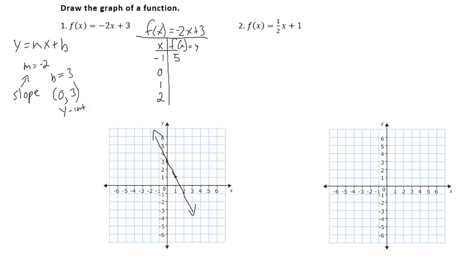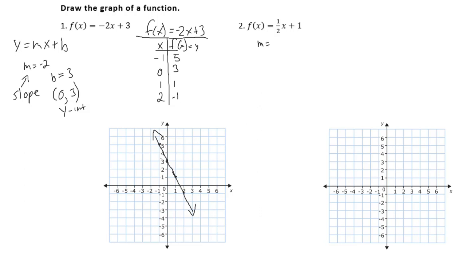Plug in 0, you get 0 plus 3. Plug in 1, you get -2 plus 3, which is 1. Plug in 2, you get -4 plus 3, which is -1. So 2, -1, right there. 1, 1, right there. 0, 3, right there. -1, 5, right there. So you can see all those points are on the graph. So either way you want to graph.